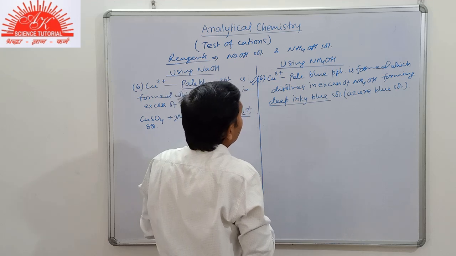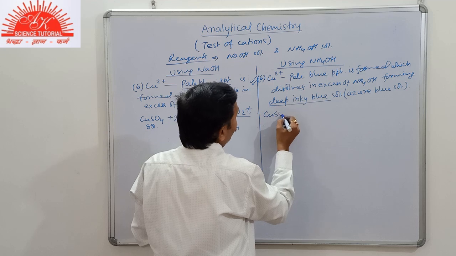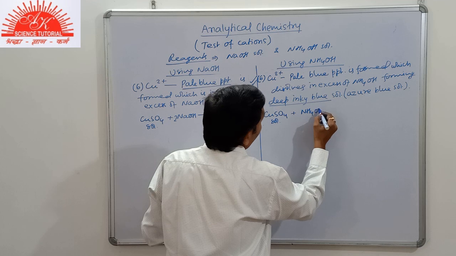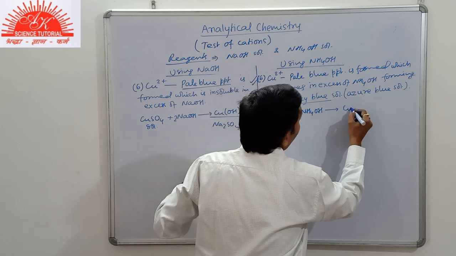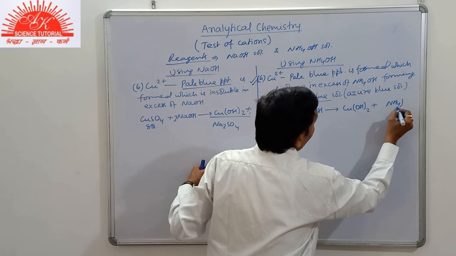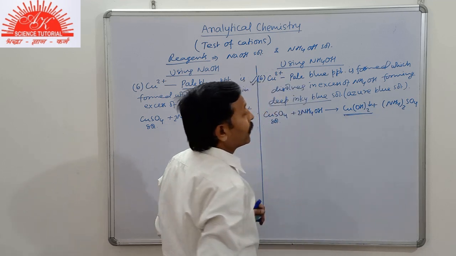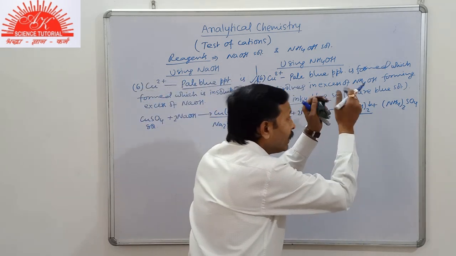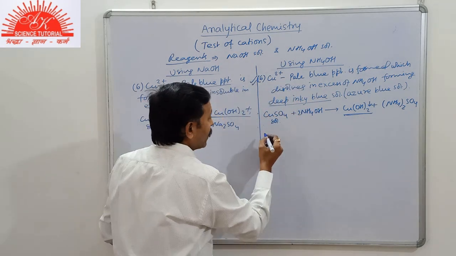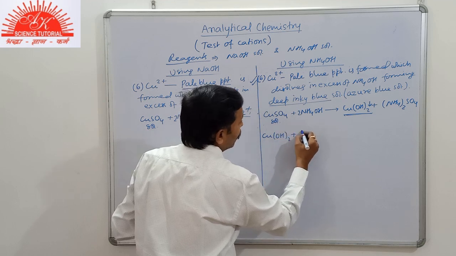So the reactions are, you see, CuSO4 solution plus NH4OH gives Cu(OH)2 plus (NH4)2SO4. Now this is the pale blue precipitate, but when these two are present in the test tube, we add more NH4OH, that is we are adding excess of NH4OH.